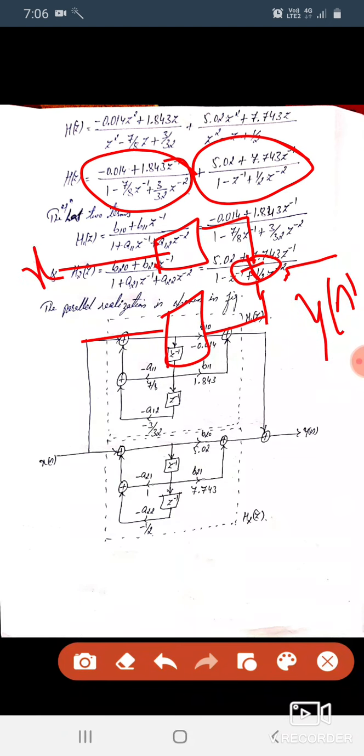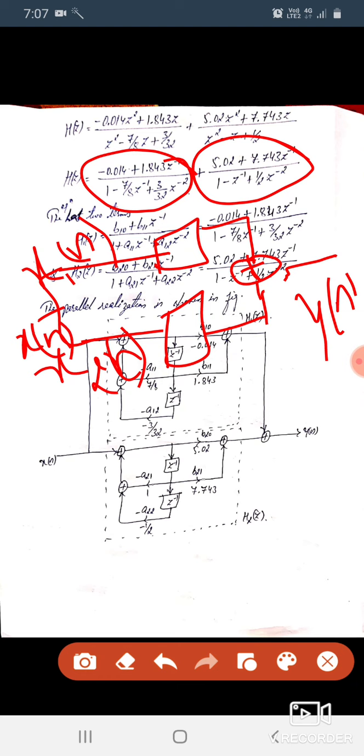Here x1 of n and x2 of n are obtained from the input x of n. This is your impulse response function, that is h1 of z, and here you will get h2 of z. Like this it goes forward. That is the parallel form.